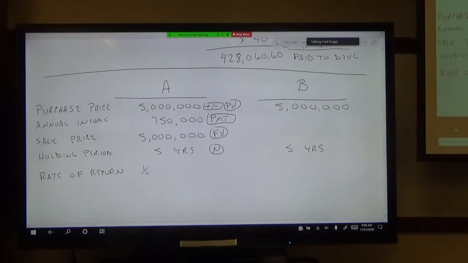Solve for the rate of return. So let's start with that. And we should get 15%. Okay.